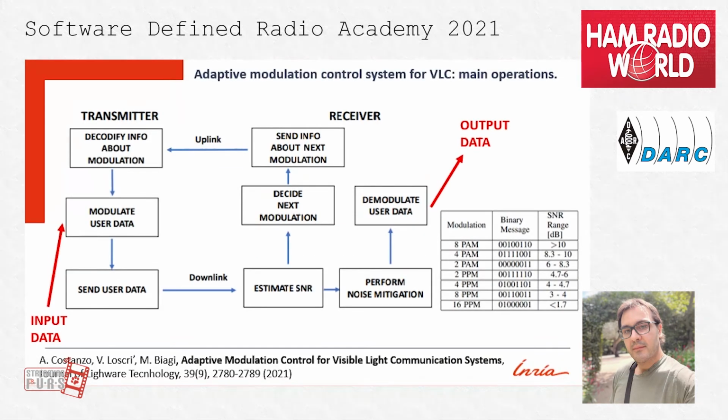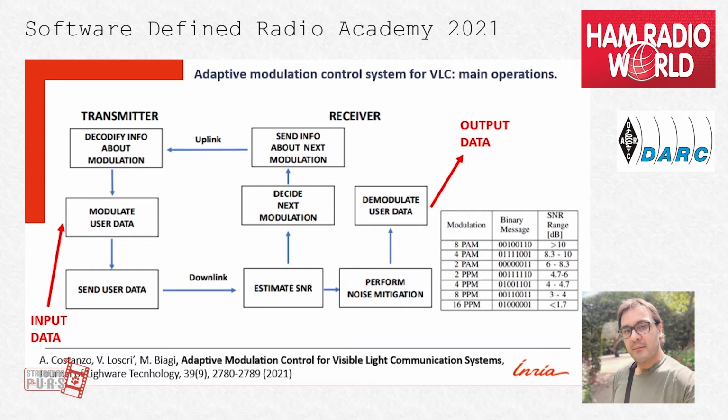In this first example, I show you how we intend to use our system for obtaining an adaptive modulation control. In particular, the kind and the order of modulation could be set in real time in order to match some changes in the scenario.